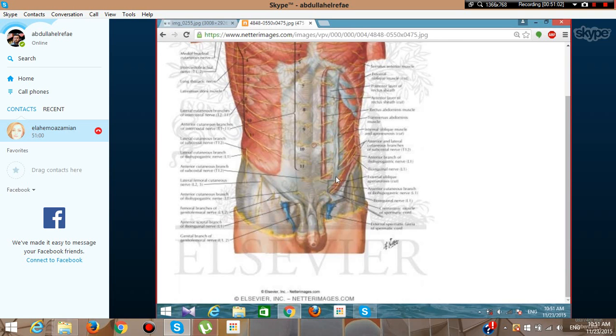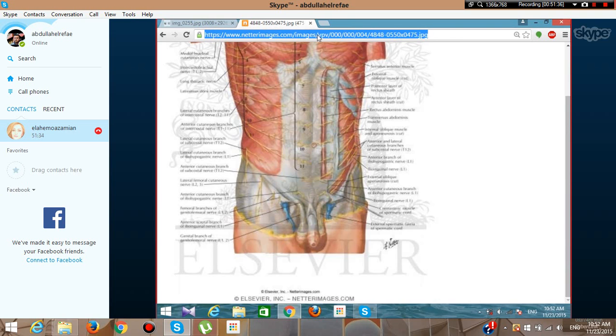If you go a bit deeper, do you see these two nerves here? Do you remember I told you ilioinguinal and iliohypogastric, they go between transverse abdominis and internal oblique, and they also run anteriorly toward the anterior wall. So you can also see them here, but deep, between internal oblique and transverse abdominis muscle.